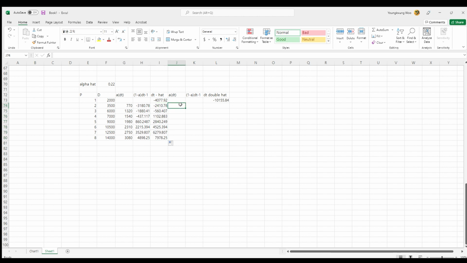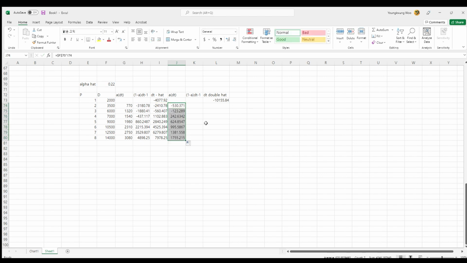So in here same thing, alpha hat times, since it's gonna be double hat, we're gonna use the hat one.